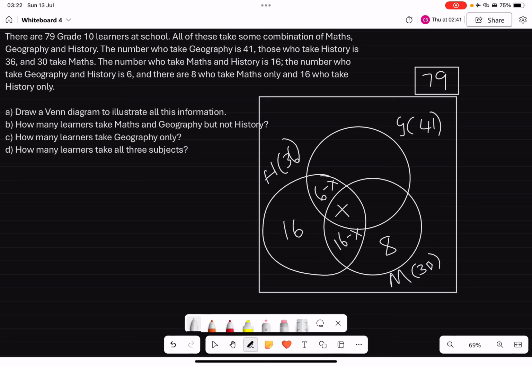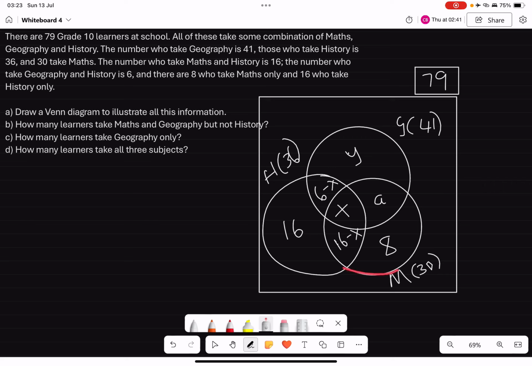Now we have to solve for X. But before I do that, I'm going to call this part A, and this one I can just call Y. Let's find X first. The reason I find X first is because in this circle of H, there are only X's, so it's easy to solve.